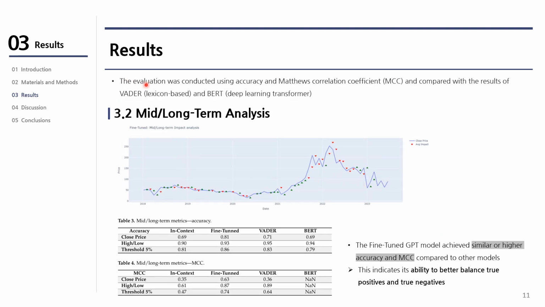In the mid-long-term analysis, the fine-tuned GPT model achieved similar or higher accuracy and MCC compared to other models. This indicates its ability to better balance true positives and true negatives.